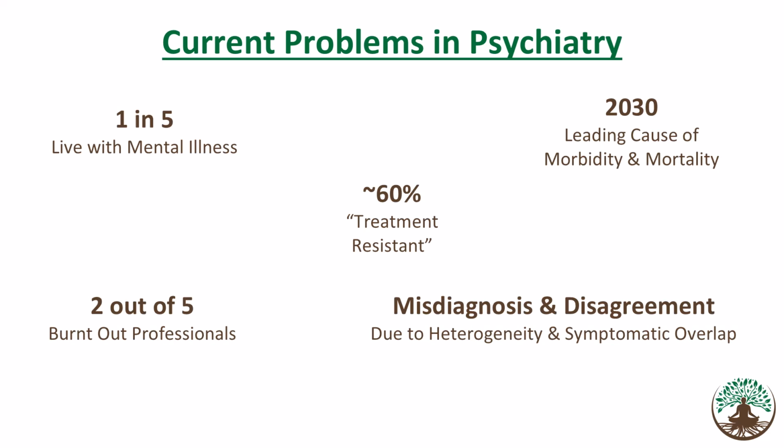In the context of significant heterogeneity and symptomatic overlap in the categorical approach to psychiatric illness proposed by proponents of the DSM, misdiagnosis and disagreement upon diagnoses are common. This is a primary reason why the National Institute of Health has stopped funding DSM diagnosis-driven research initiatives and has urged revision of our current model.